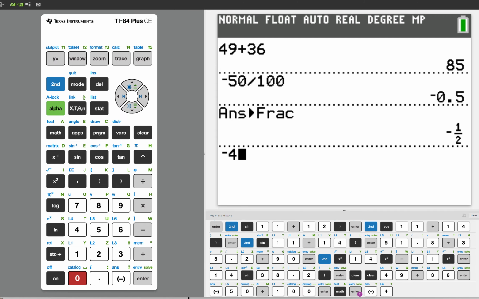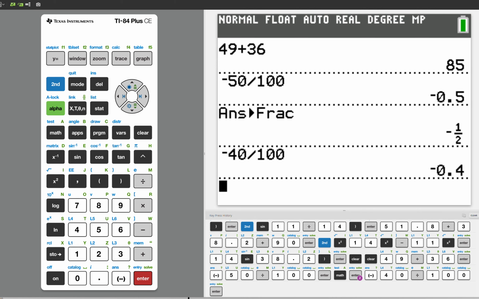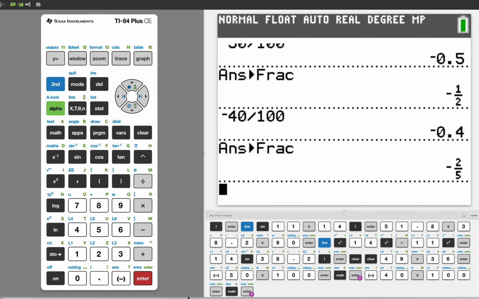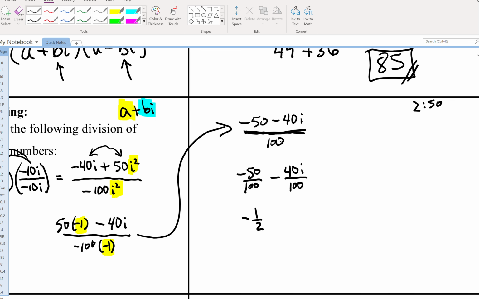And then negative 40 divided by 100, same idea. I'm just ignoring the i. And that gives me negative 0.4, which when I hit math, enter, that's negative 2/5. So minus 2/5 i. Again, I just ignored the i. And so that is what this looks like.